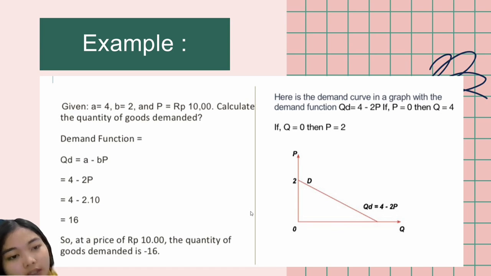Demand function: QD equals A minus B P equals 4 minus 2P equals 4 minus 2 times 10 equals minus 16. So at the price of 10, the quantity of goods demanded is minus 16.